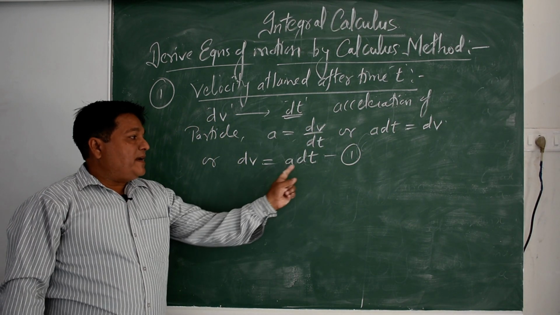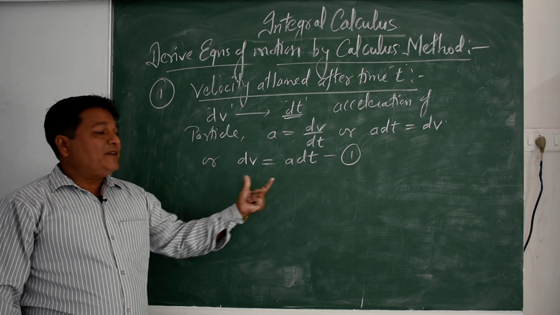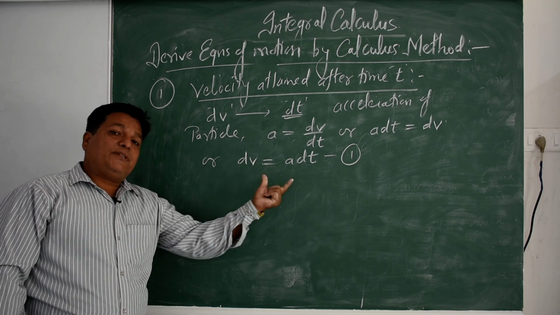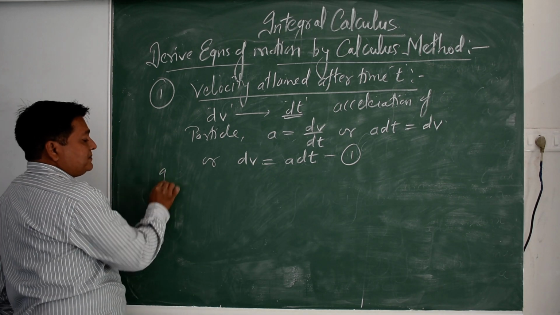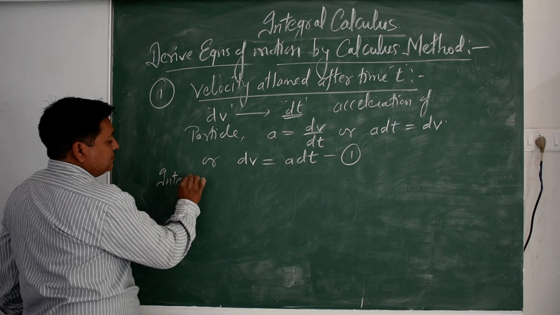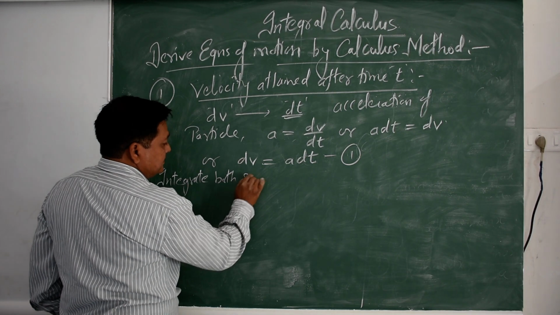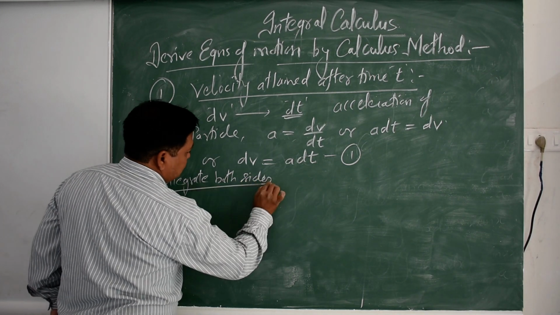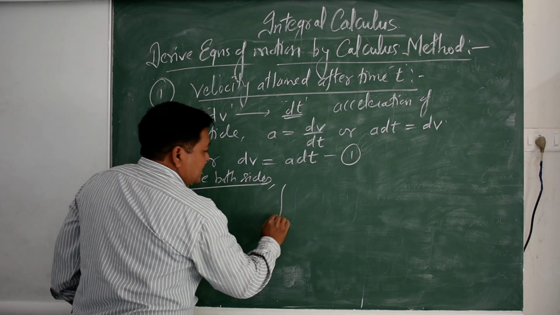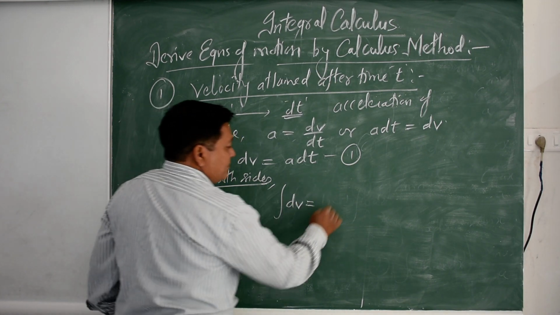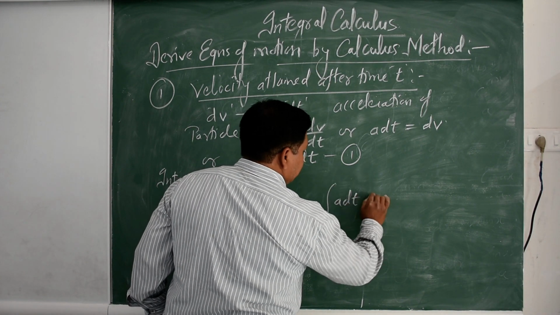Now we are going to integrate this equation on both sides. Integration of dv is equal to integration of a dt.